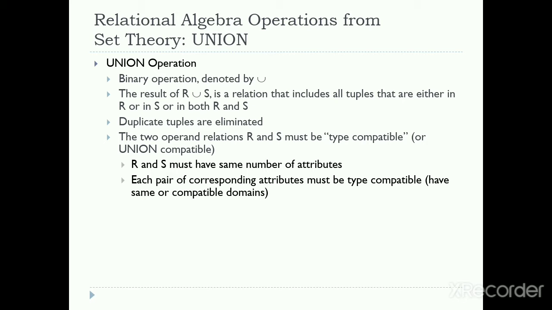That means one must be integer and the other must be character type. So that is the second point: each pair of corresponding attributes must be type compatible, they must have the same or compatible domains.